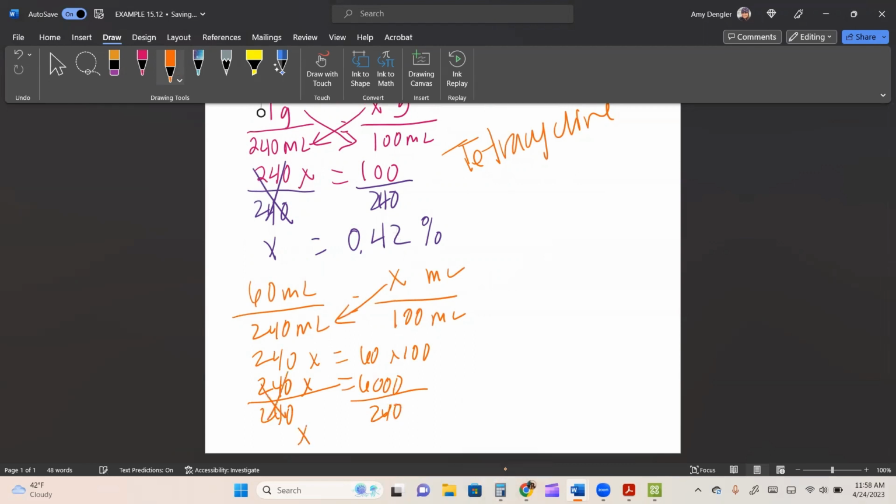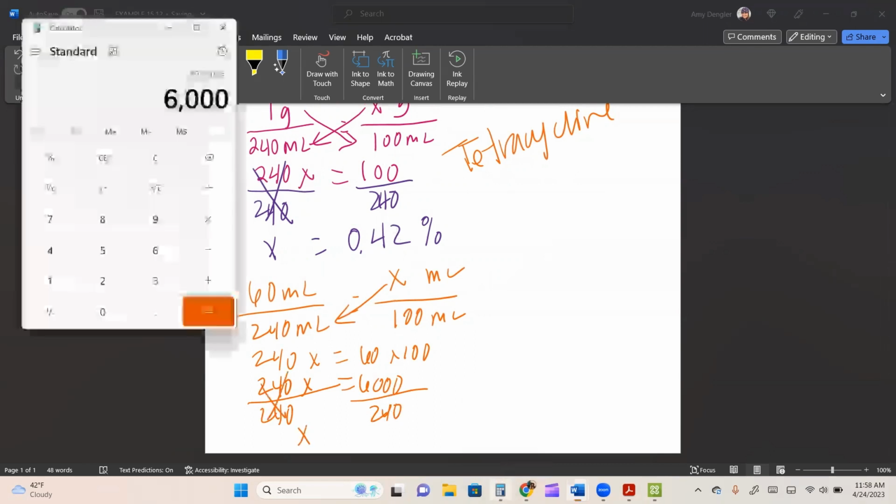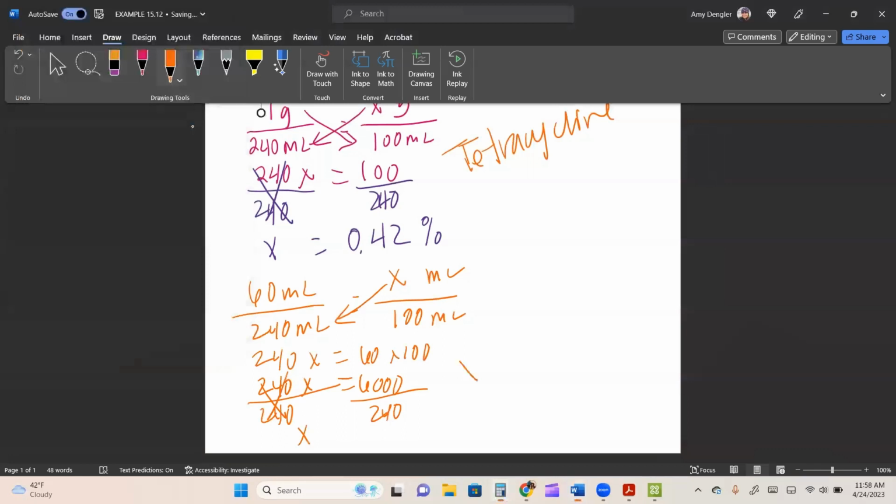So this crosses out, we have X here. And then 6,000 divided by 240 is going to give me 25 ml, which is the same thing as 25% because we're making it out of 100 ml.